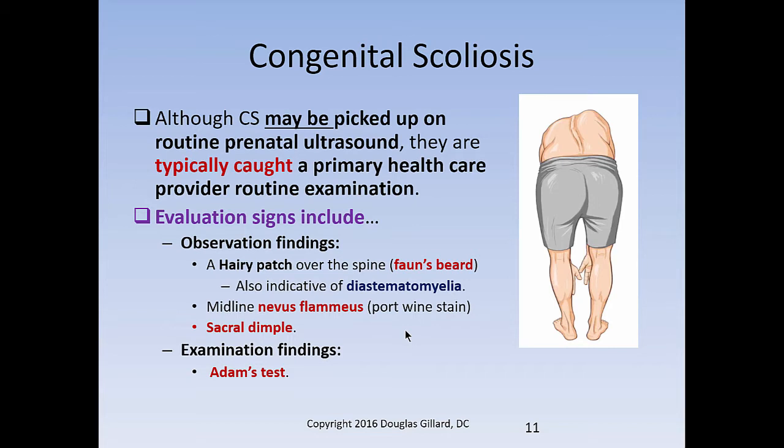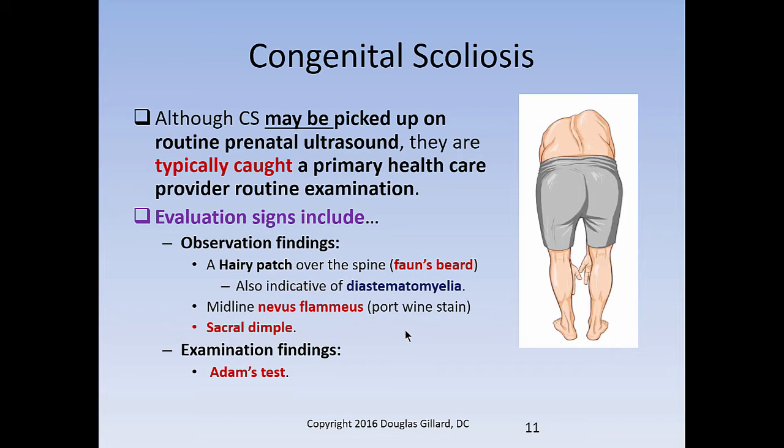Although CS may be picked up on a routine prenatal ultrasound, they're typically caught on a health examination, a primary healthcare provider routine exam like you're going to do. Some of the evaluation findings include the Faun's beard, a hairy patch on the spine. I'll show you some crazy big hairy patches here in a second, but they don't have to be that big.